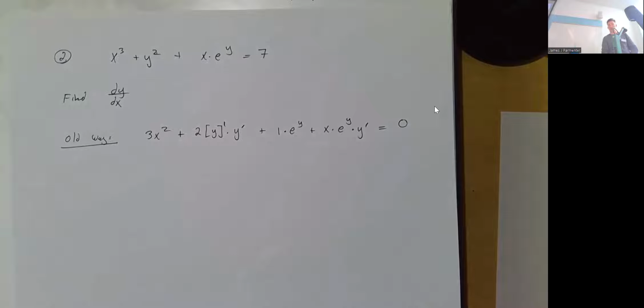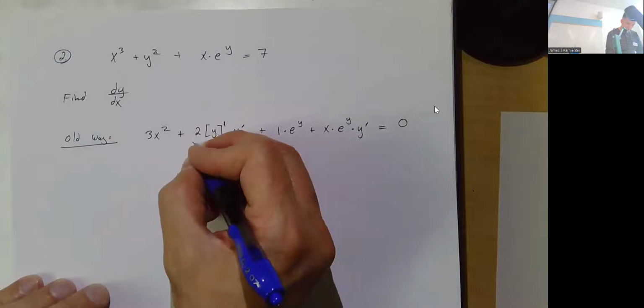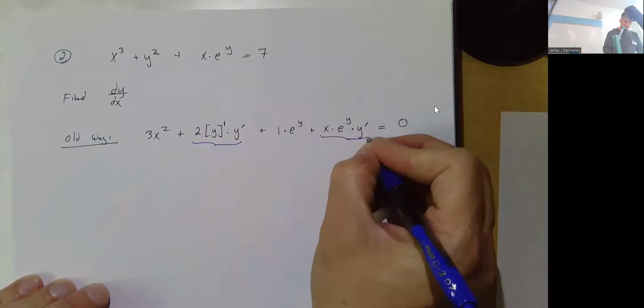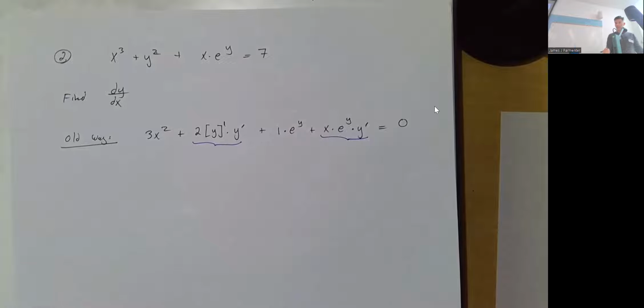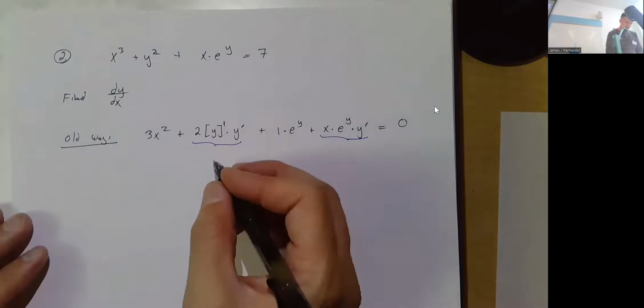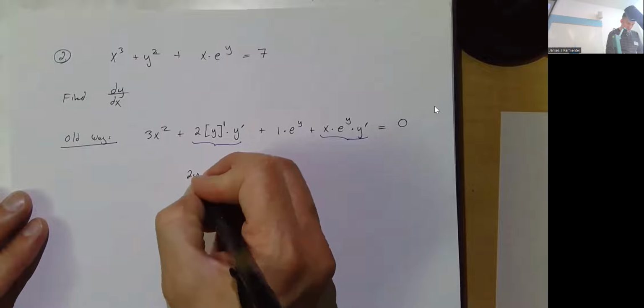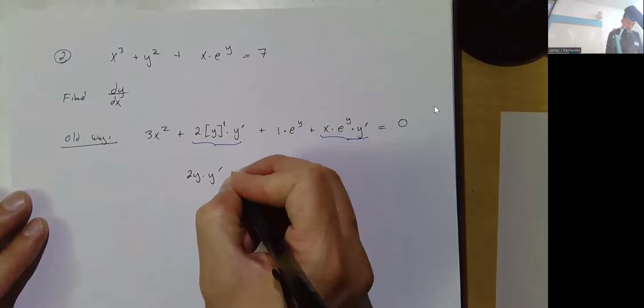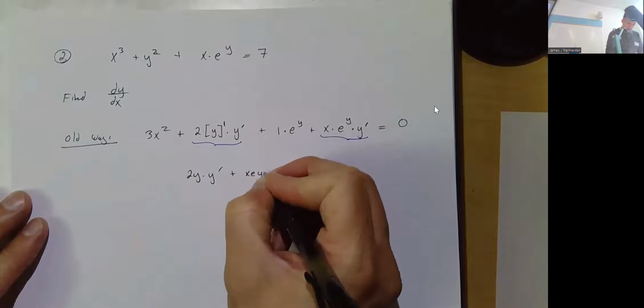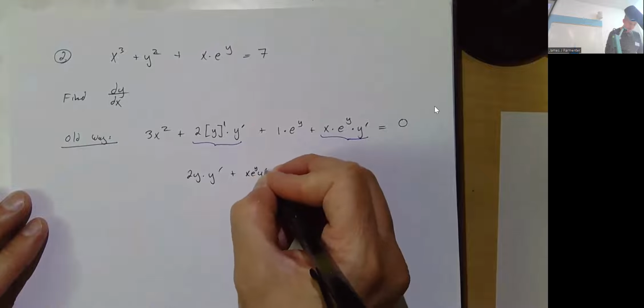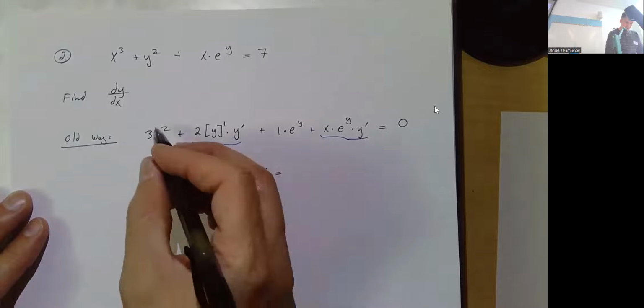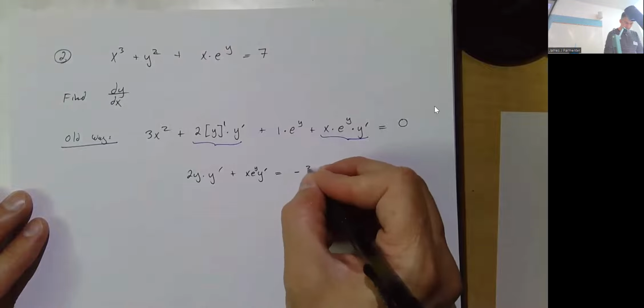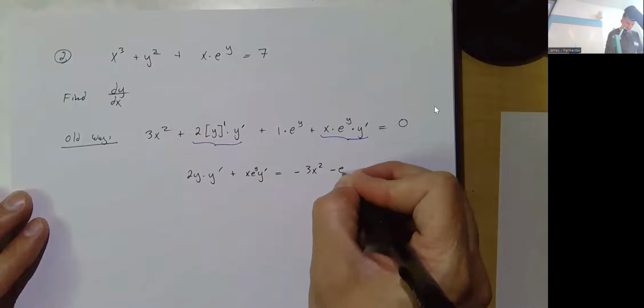And then we would do a bunch of algebra where we would solve for y prime. So I noticed that there is a y prime in this term and a y prime in that term. So I would leave those on the same side and bring the others to the other side. I'd probably write this as 2y times y prime plus x e to the y times y prime equal to, I'd bring this over to the left, so I'd have a negative 3x squared minus e to the y.